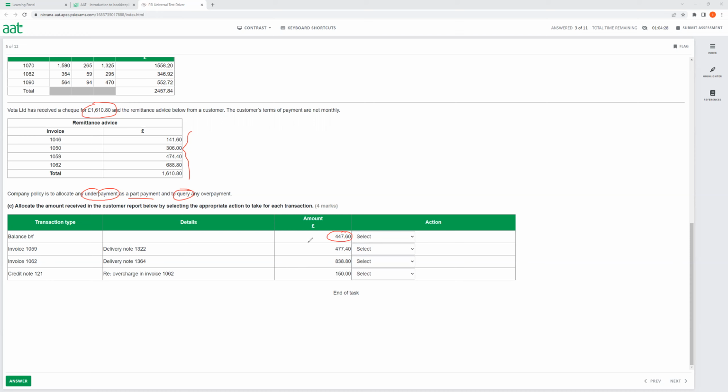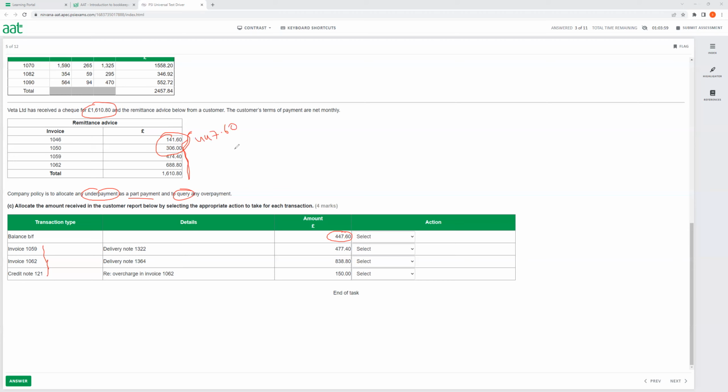Now the first one, opening balance, I can see 447.60. We don't see any invoice here for 447.60, but we can see the invoices 141.60 and 306. We don't have these invoices here, which means these are the opening invoices we had at the beginning of the month. If we add 141.60 plus 306, this is exactly 447.60.